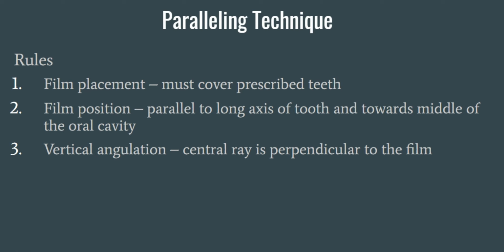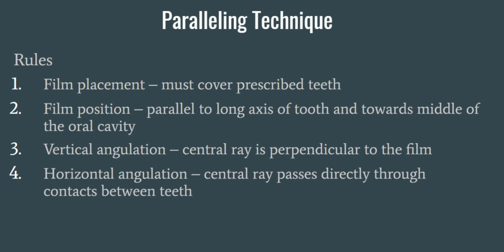The fourth rule is horizontal angulation, so that central ray passes directly through the contacts of the teeth. If it passes through the tooth at a slight angle, you're going to have an error appear on the film. So we need to make sure that it is straight through the contacts of the teeth.